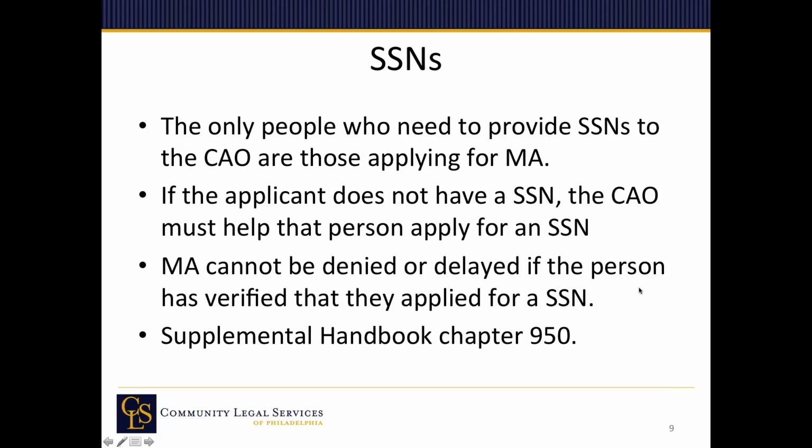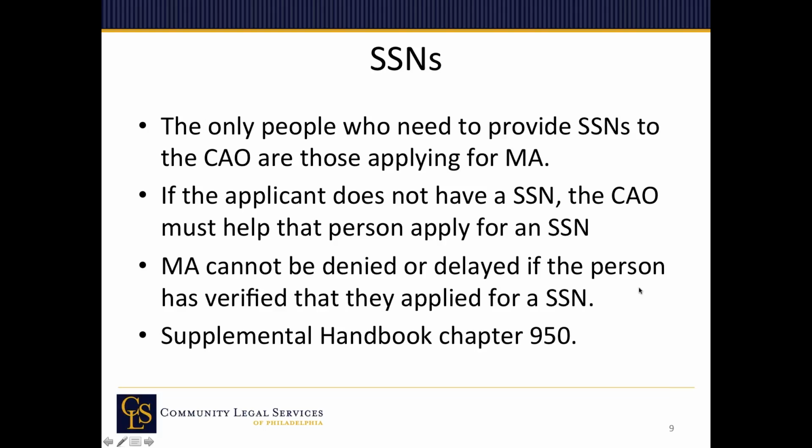So there are, for example, lawfully present kids, because they won't be applying, they don't need a Social Security number in order to work, which is the typical reason why people would be applying for a Social Security number. They very well may be applying for medical assistance without a Social Security number or without an application for a Social Security number in the works.